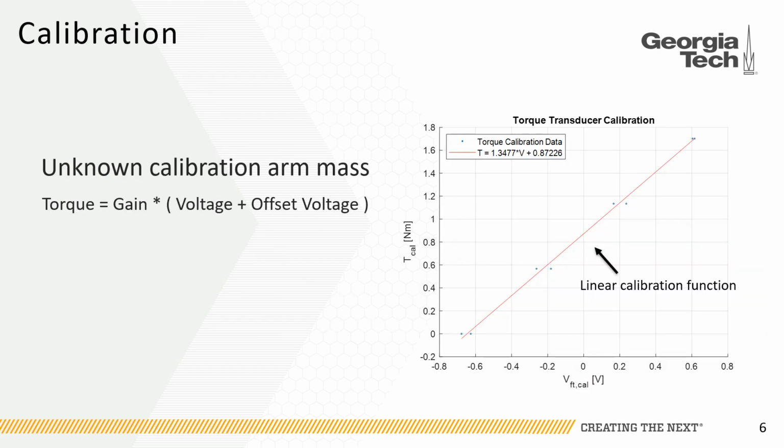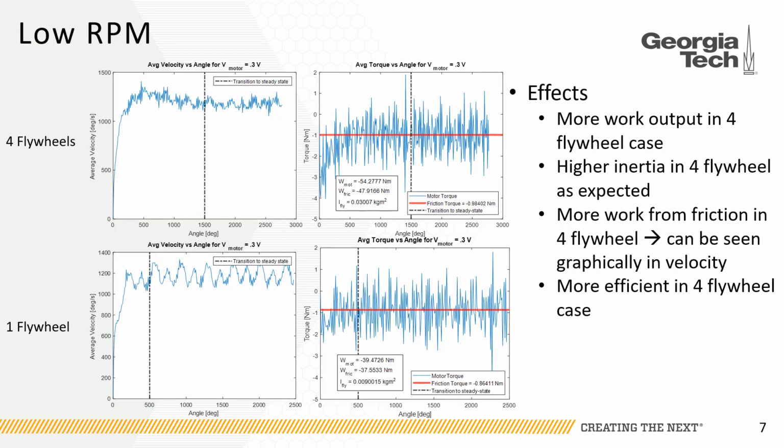As far as calibration, we put incremental weights on the force transducer and scale and then collected that data. So we got the calibration equation. With that calibration equation, we were able to collect data.